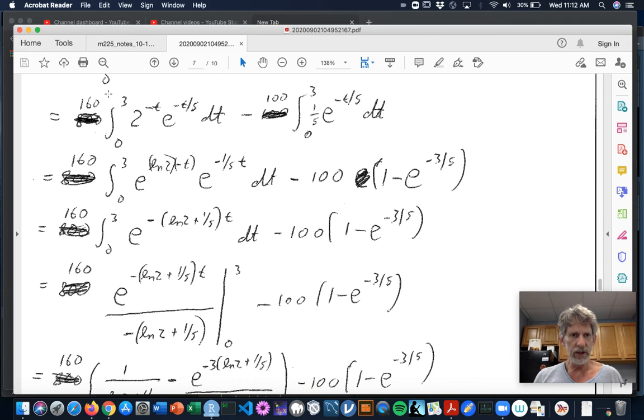Okay, now focusing on this integral here. What's hard about it is there are two different bases: 2 to the variable, e to the variable. Why not have one base? So I am going to cleverly write 2 as e to the log of 2. And e to the log of 2 raised to the negative t is e to the log of 2 times negative t.